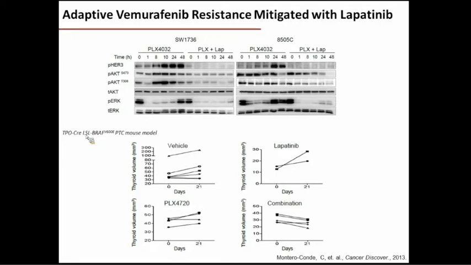So if you look at just the exposure to the RAF kinase inhibitor, you get this, again, robust activation of HER3 and a rebound activation of phospho-ERK. But if you combine this with an inhibitor of HER2 signaling, you actually block the rebound and you also block the adaptive response. And there were similar effects, which I won't go into in detail, in the genetically engineered mouse model that we had studied.